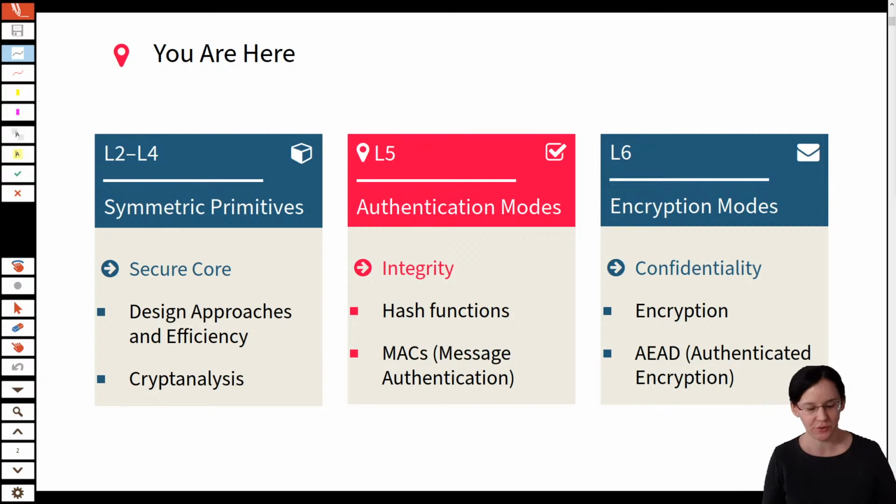And the plan is that today we want to look at modes for authentication, so for confirming the origin and the integrity of messages, in particular looking at hash functions and MACs. And next week we want to look at modes for confidentiality, so for encryption and authenticated encryption.